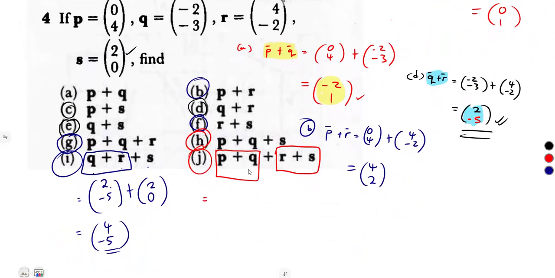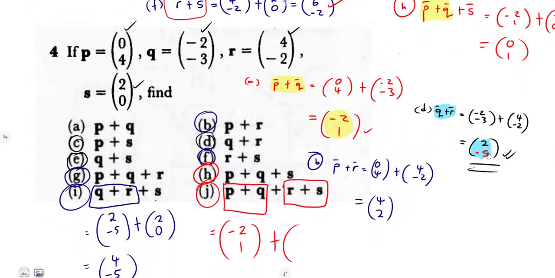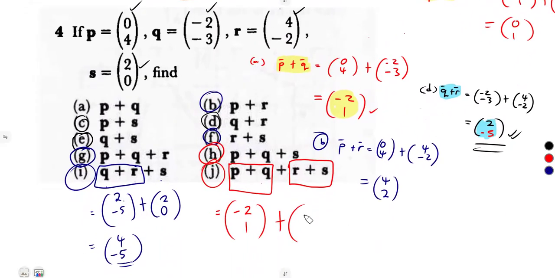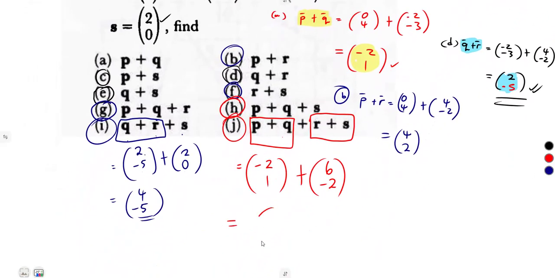So vector P plus Q, we have it here, negative 2, 1. Then we add R plus S, vector R plus S, which is 6, negative 2. So we calculated that one. That was 6, negative 2.